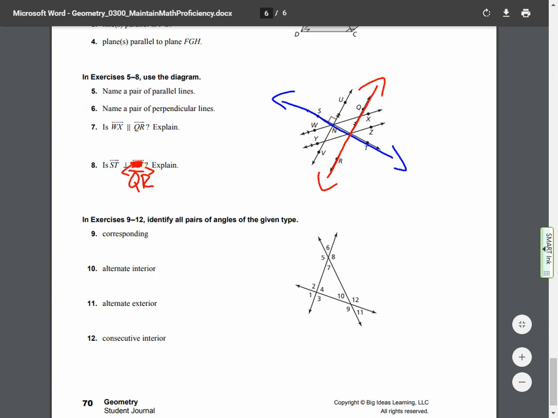So it might make you say no, but knowing that QR is parallel to UV, that means ST is perpendicular to QR. Because QR and UV are parallel, they're going at the same angle, right? They'll never intersect. They're going on that same line. ST is perpendicular to QR. Okay? And if you have questions, you can ask me in class.